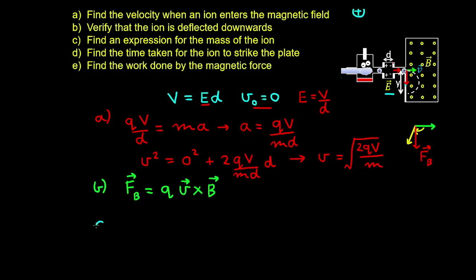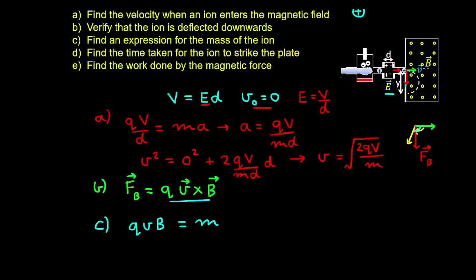Now in part C, we're asked to find an expression for the mass of the ion. So the magnitude of the magnetic force is qvB, because the velocity and magnetic field vectors are perpendicular. So sine theta will be 1. So the force is the mass of the cation by the centripetal acceleration.